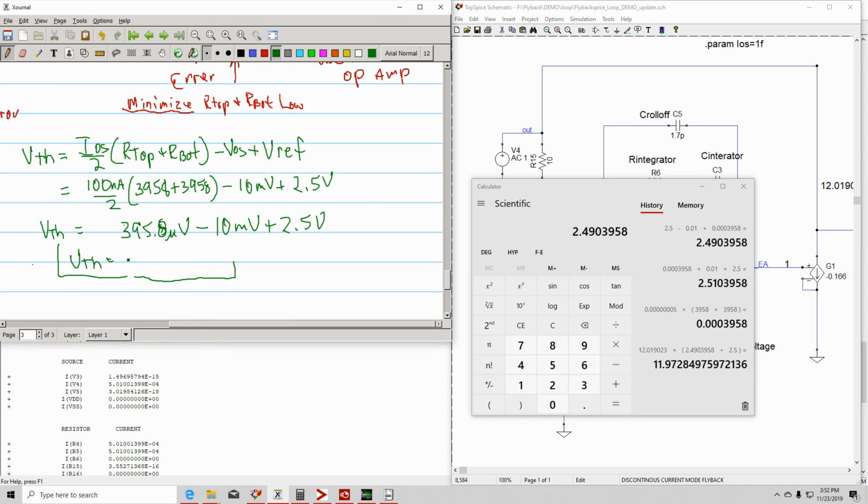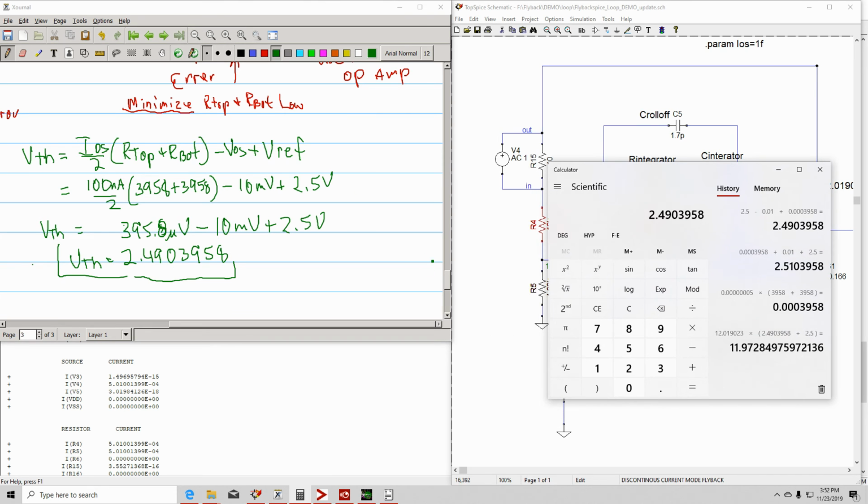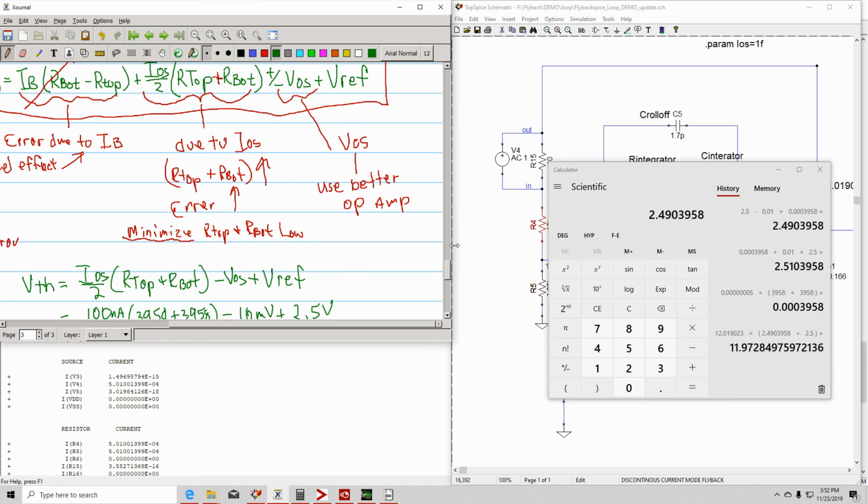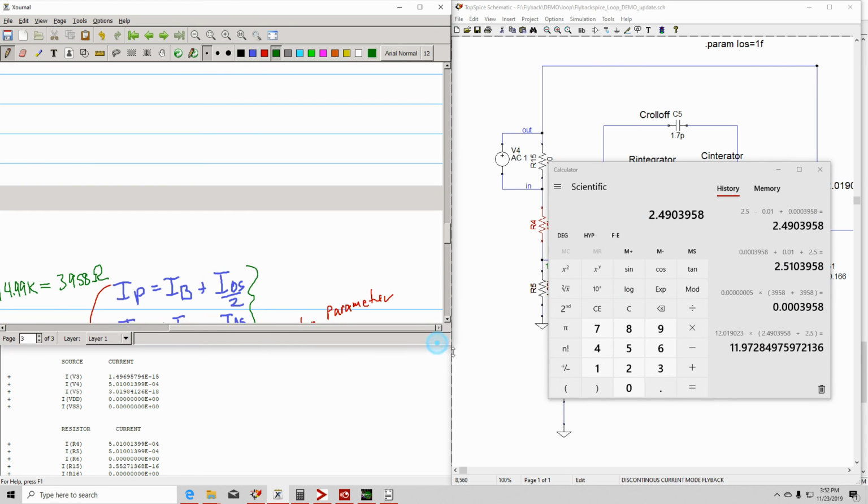Okay, it's 2.4903958. Okay, so we're not done yet. So this is the intermediate answer.